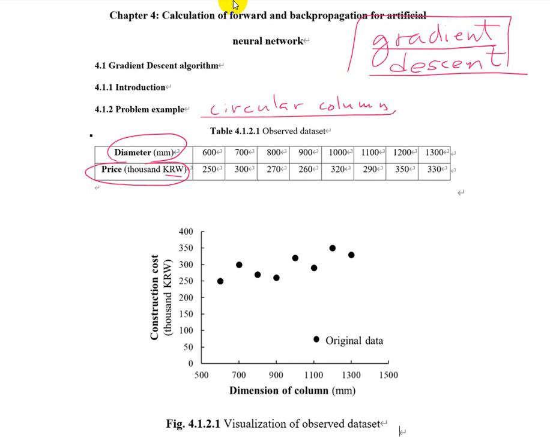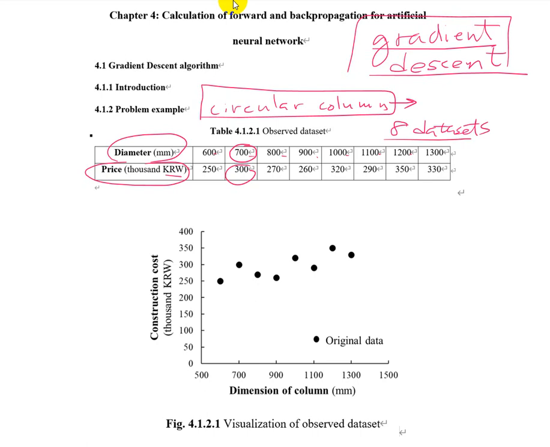This is fictitious data, but we'll assume this is observed data. That means if we have a 700 diameter, we're going to have a 300,000 KRW price, and so on and so forth. So we have 1, 2, 3, 4, 5, 6, 7, 8. This is 8 data sets.